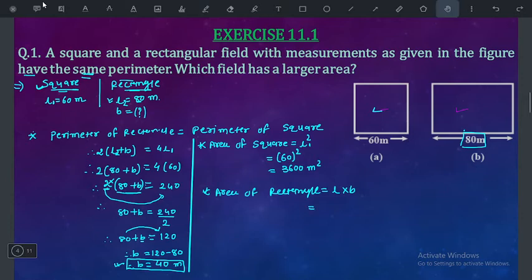L2 is 80 and we found B, it is 40. It is 3200 meter square.